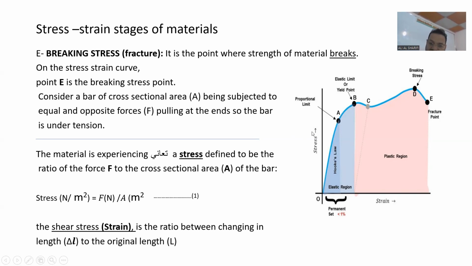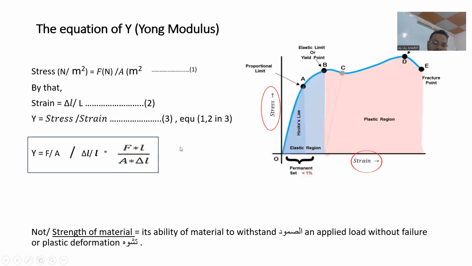By dividing stress by strain, what will we get? Young's modulus, Y, equals stress divided by strain, so F divided by A, divided by delta L divided by the original L, equals F times L divided by the cross-sectional area times the change of the length.